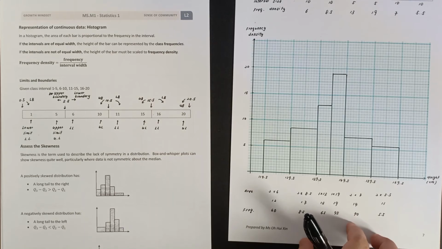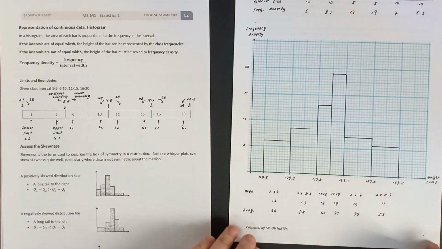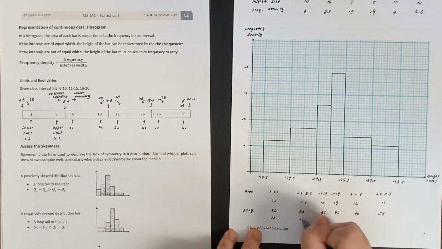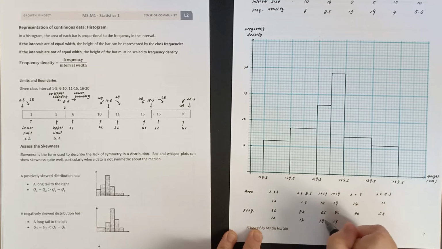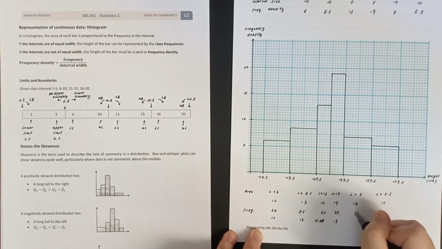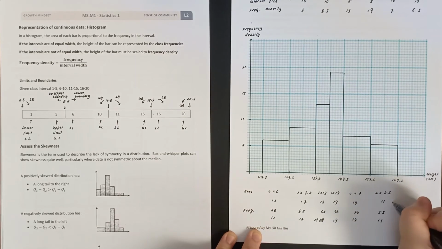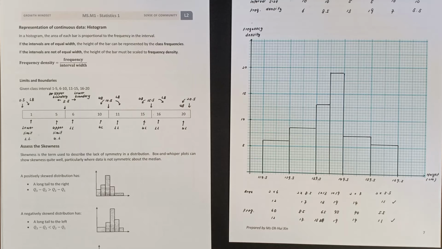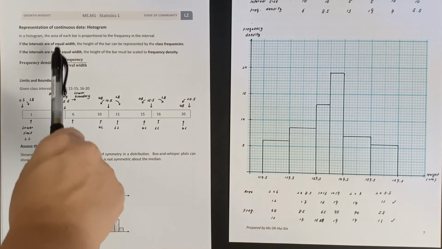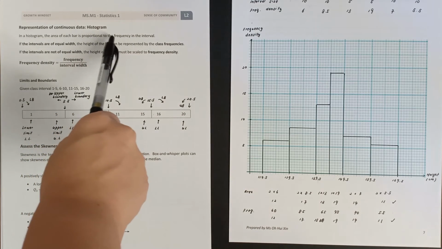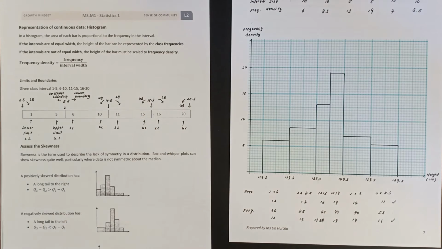I will be getting 12, 17, 13, 19, 14, and then 11. So you can see this row and this row are totally the same. That's why the area of each bar is proportional to the frequency in the interval. So that's why this is correct. Okay, so this is the idea.